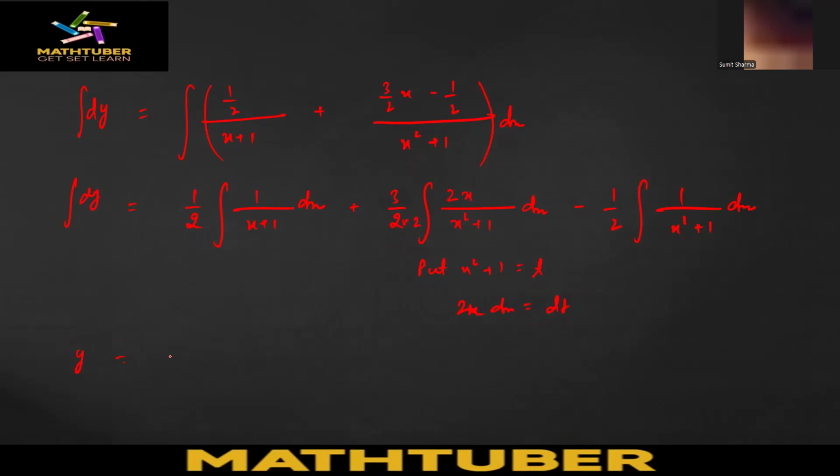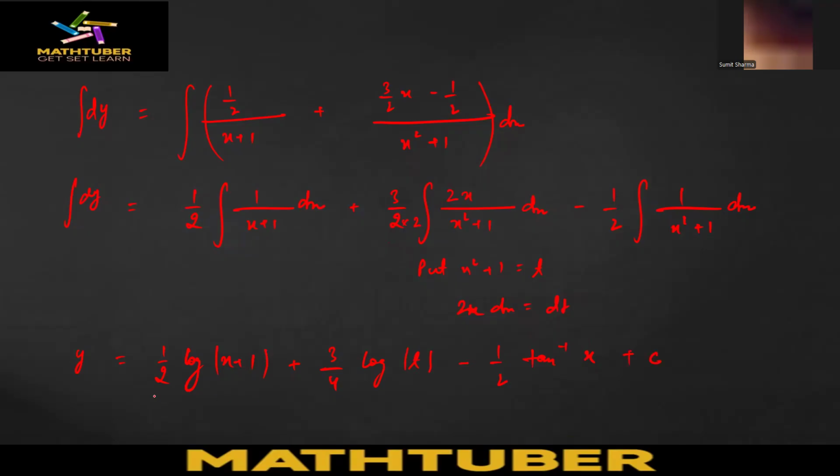This will be y equal to half of log of x plus 1 mod plus 3 by 4. This will be dt upon t, right? So dt upon t is log of mod t minus half of 1 upon x square plus 1 is tan inverse x upon 1, that is tan inverse x only, and plus c.